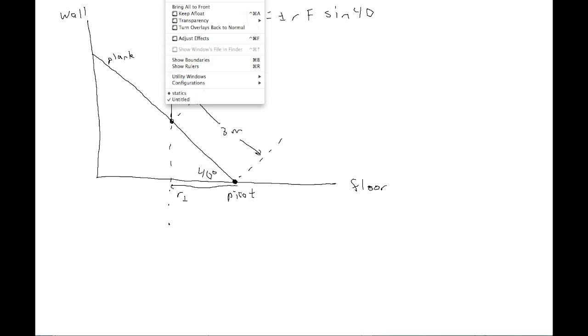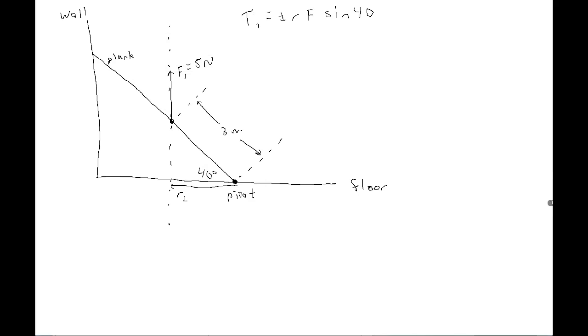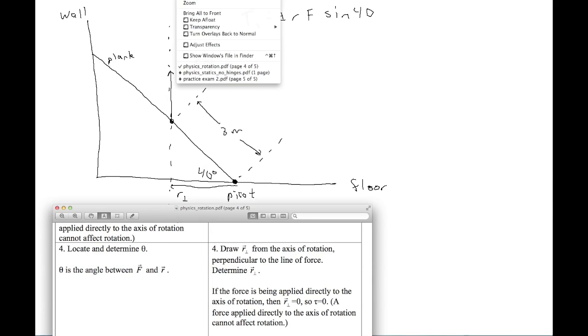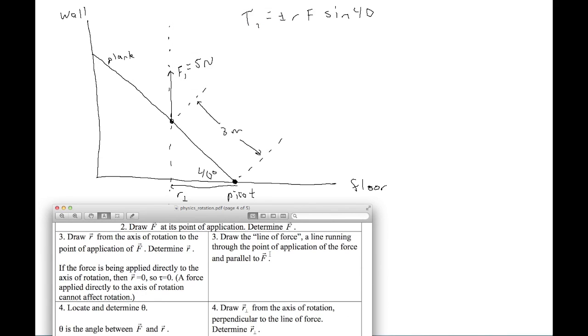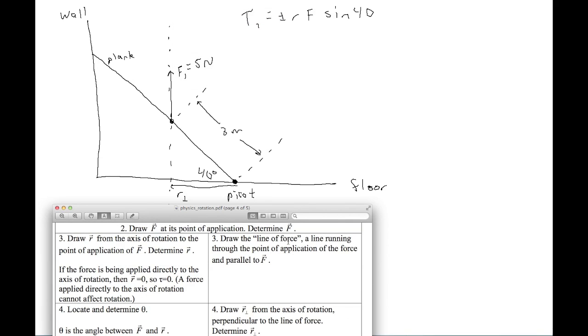In these kind of instances where I'm drawing the line of the force, it doesn't matter how long I make it. That's right. The line of the force is just an infinite line that runs through the point of application of the force and parallel to F. So how long should you draw it? You should just draw it however long is necessary for it to intersect with R perpendicular.